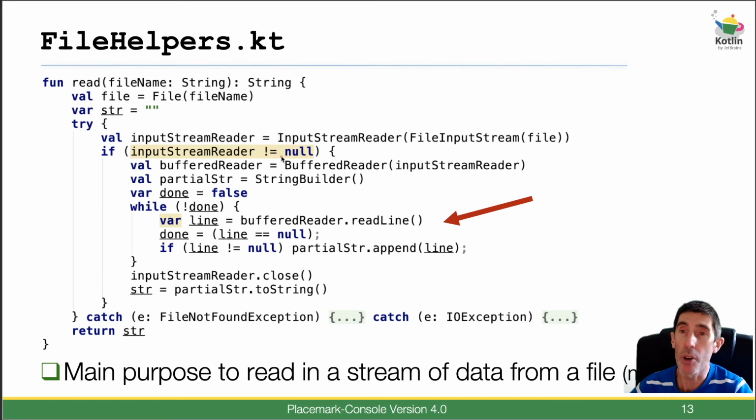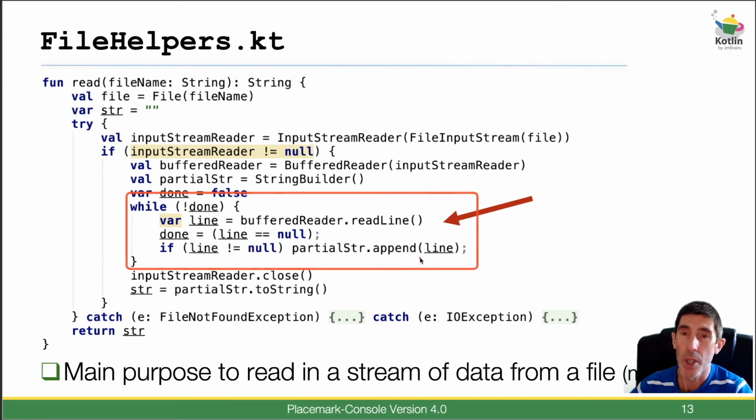We then use our buffered reader, which is attached to that input stream reader. We're using a string builder to build up the whole string that we're reading in from the file. We have a simple while loop in here.